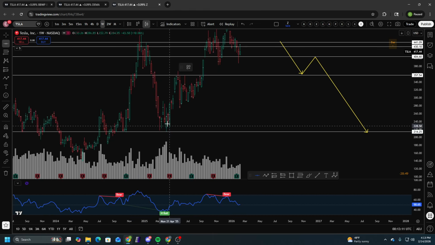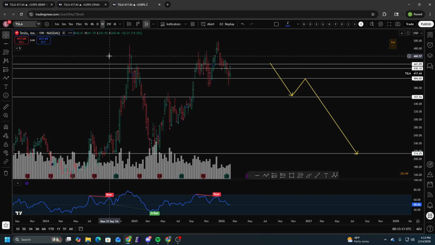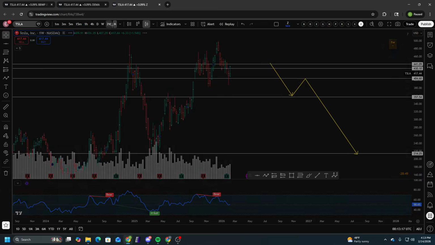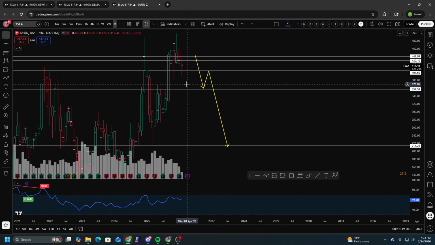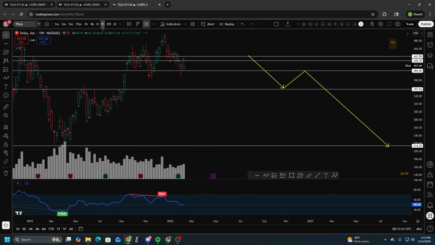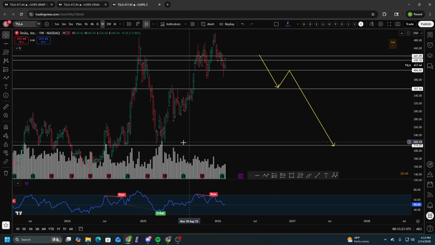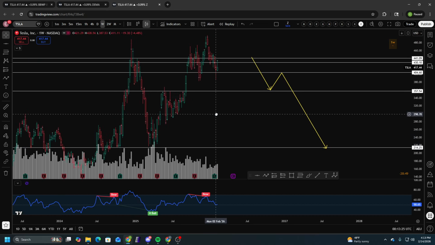And then obviously we just bounce from here 100 times. So with that being said, my current analysis is that I think it's a higher probability that we're going to come down here and take out this level. Everything is pointing bearish as of right now. And that'll conclude my weekly update here on Tesla.